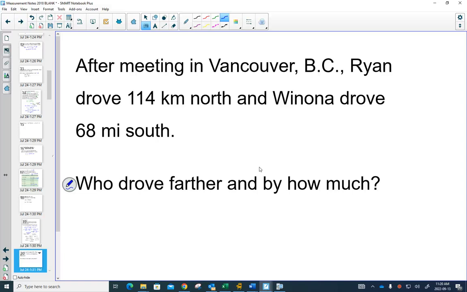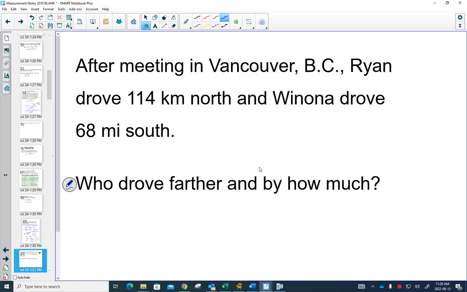Well, we need to compare them. So either we need to change Ryan's kilometers to miles to compare them, or we need to change Winona's miles to kilometers. If we look on our sheet, we have two different conversions.